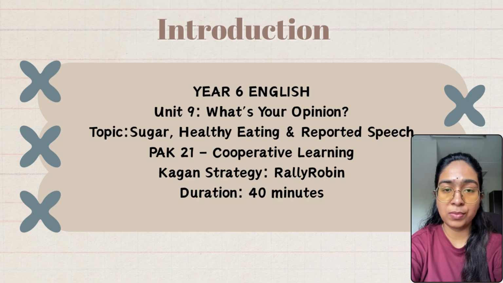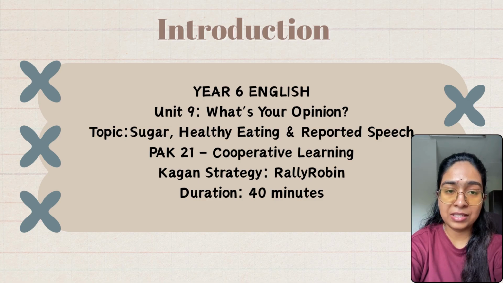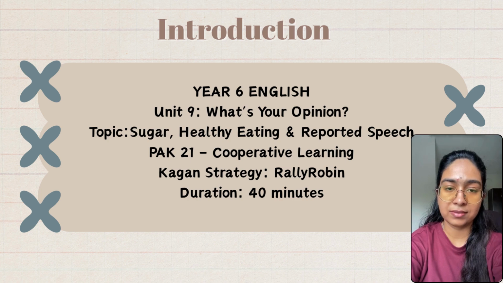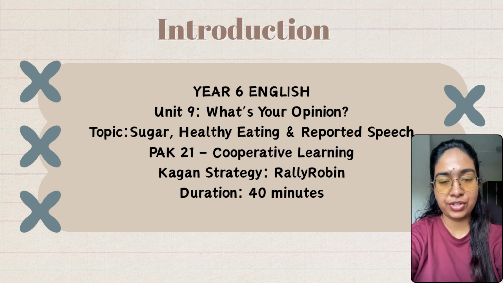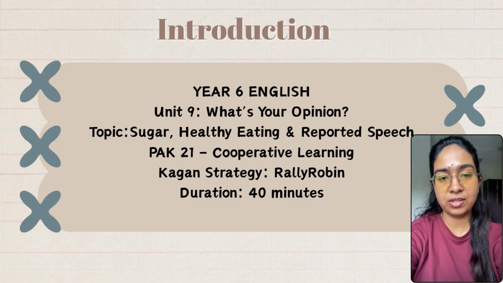Now, let us briefly explain how our 40-minute lesson is organized. Our lesson is divided into 5 stages, which are set induction, pre-stage, while stage, post-stage, and lastly the closure. In the set induction, the teacher shows some pictures in A3 size and asks pupils about their opinion about the pictures.